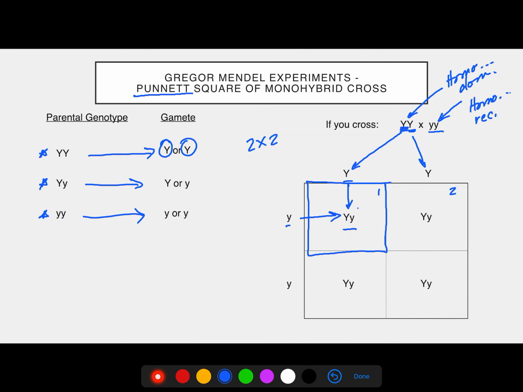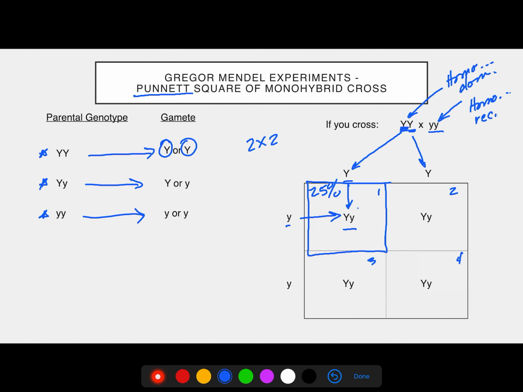This is 1, 2, 3, 4 possibilities here. We call that a 25% chance that your offspring in this particular box, this one right here, is going to be heterozygous.